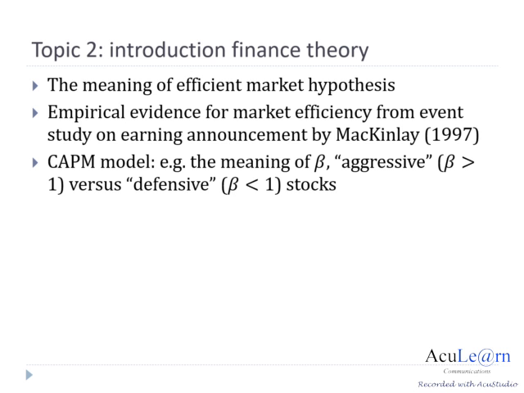So the first point is, of course, about the efficient market hypothesis. If we want to say it in short, the efficient market hypothesis means that there is no free lunch on the financial market.